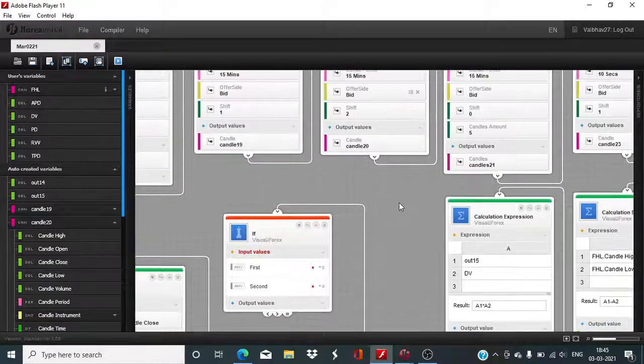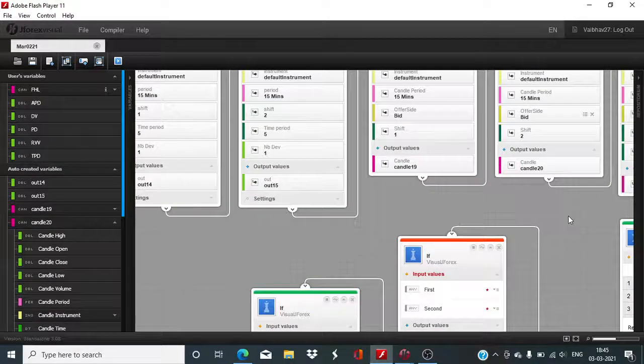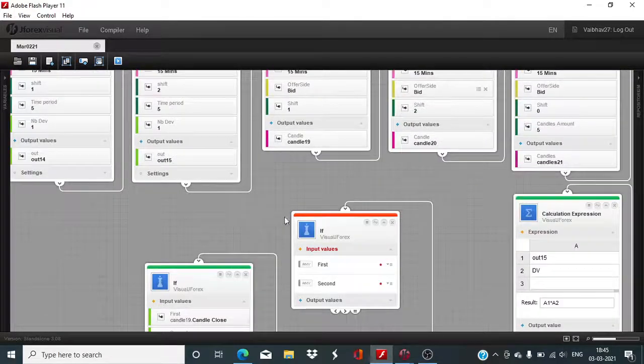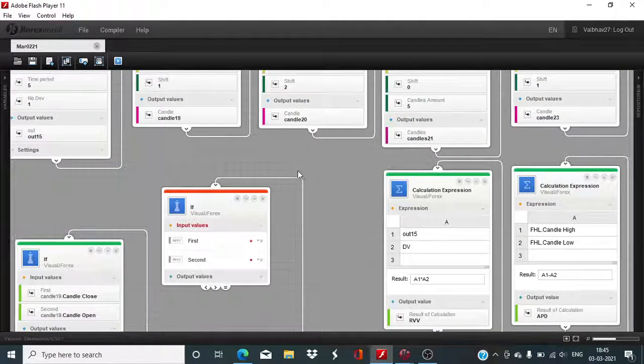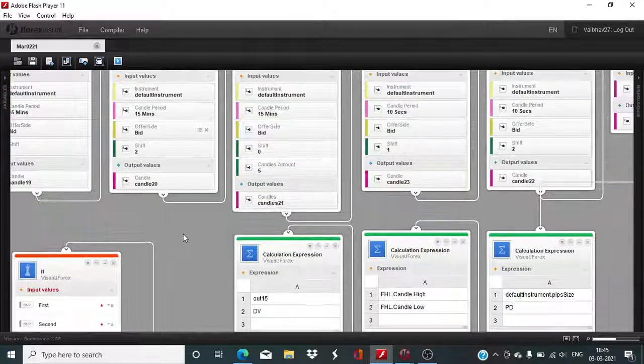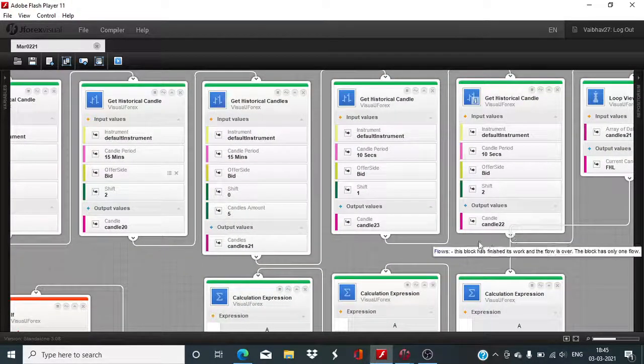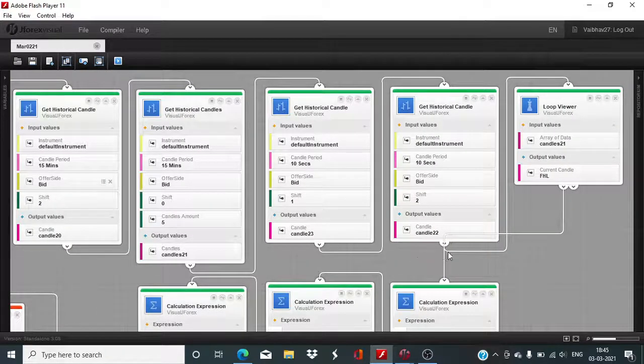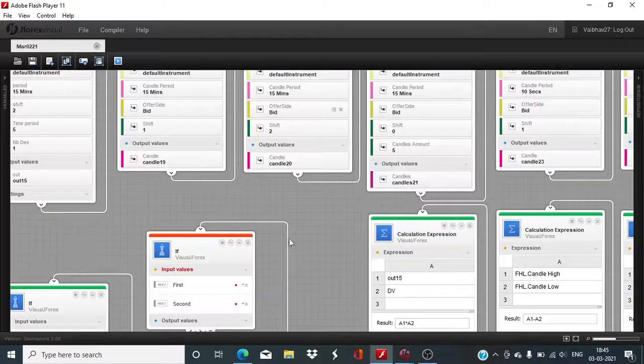And then we will need to pinpoint the exact entry point, and for that we will simply use the candle 19's closing value along with candle 23 and candle 22's closing values to pinpoint the exact entry point.